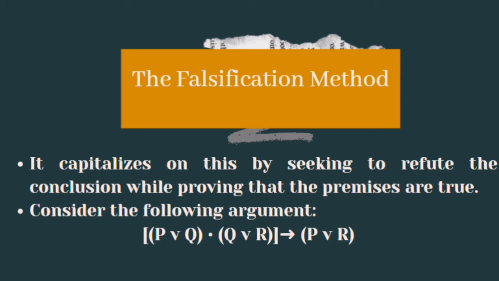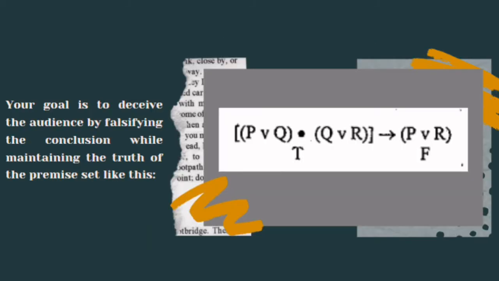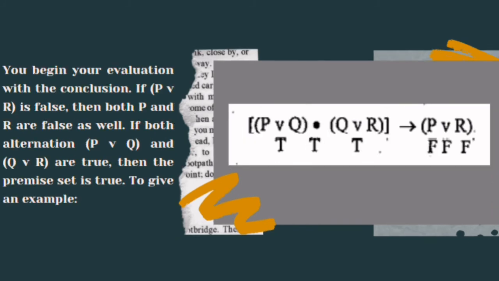Consider the following argument: either P or Q, and either Q or R, therefore either P or R. Your goal is to falsify the conclusion while maintaining the truth of the premise set. You begin your evaluation with the conclusion. If either P or R is false, then both P and R are false.